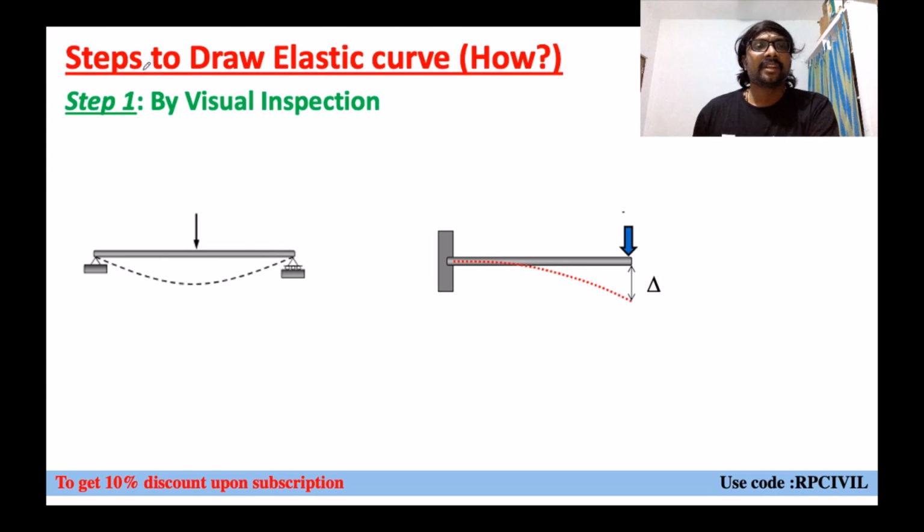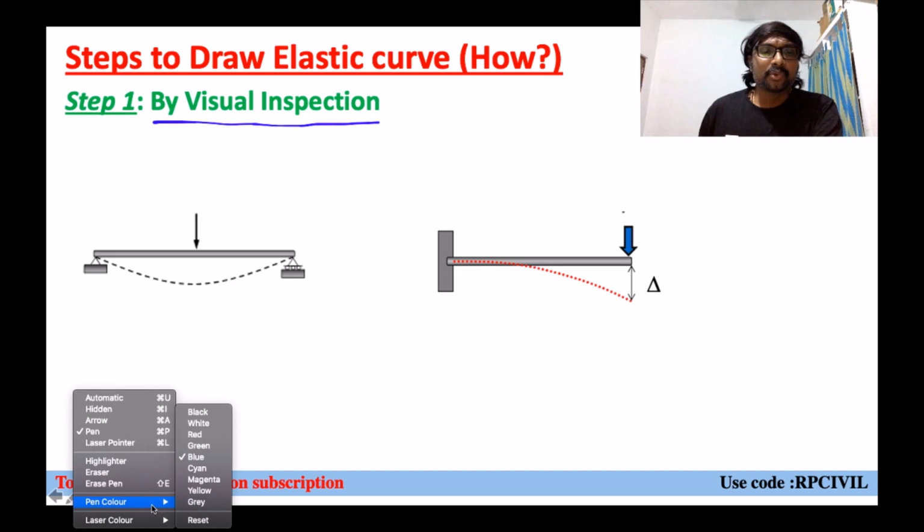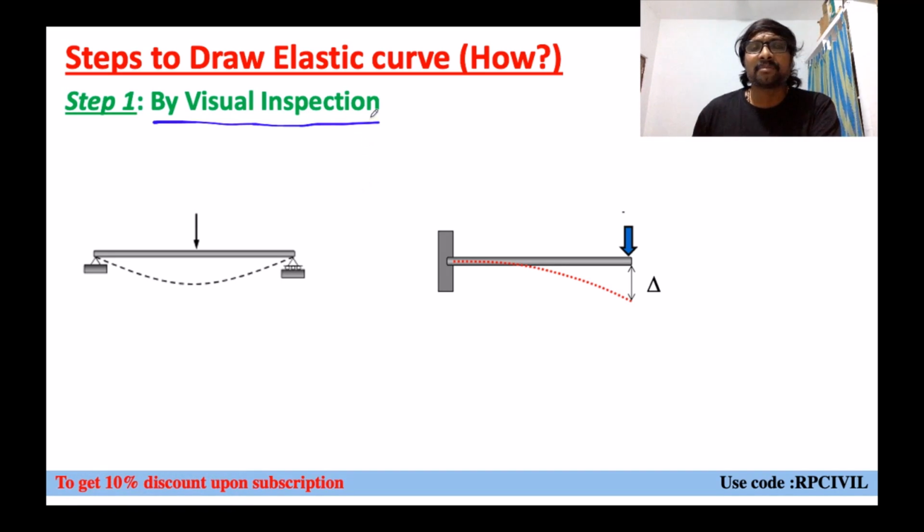And now, entering into the main important part, steps to draw the elastic curve, meaning how to draw this elastic curve. The first method will be by visual inspection. Whether you are using the moment area method, double integration method, or strain energy method, whatever the method you are using, you'll be getting only the deflection values, right?